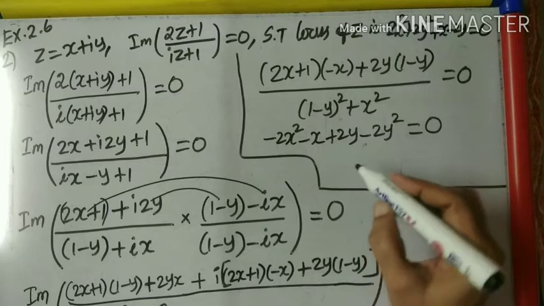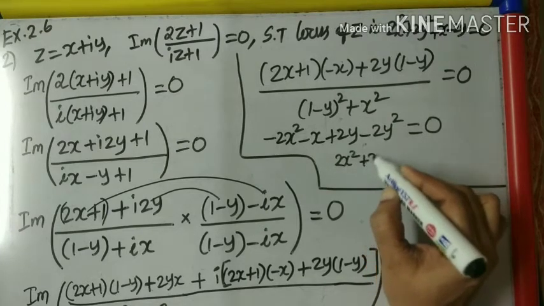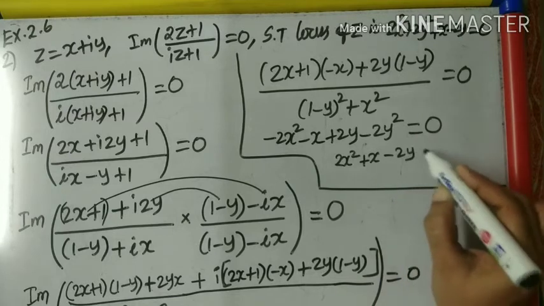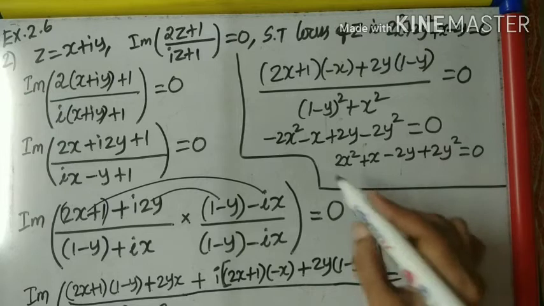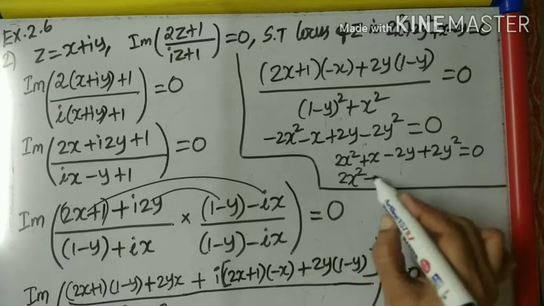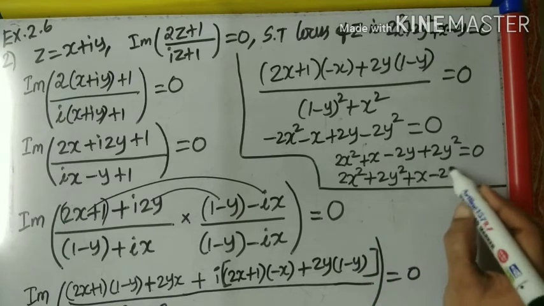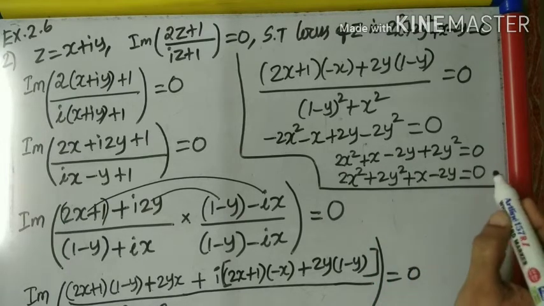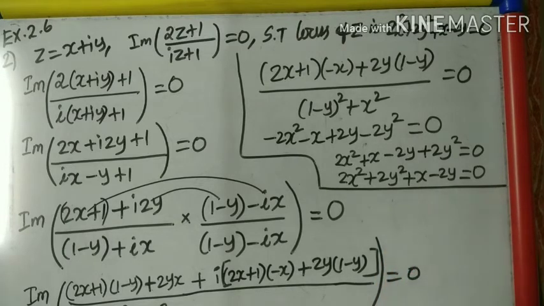Change the symbol throughout. It is 2x square plus x minus 2y plus 2y square equal to 0. We write it in order: first x square, then y square term, then x and then y, equals 0, and that is the locus of z.